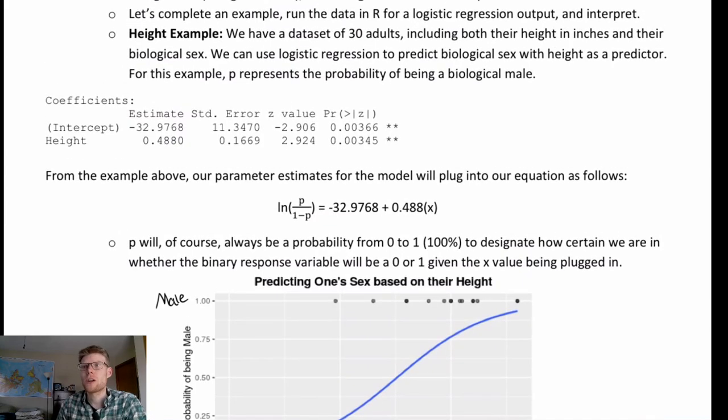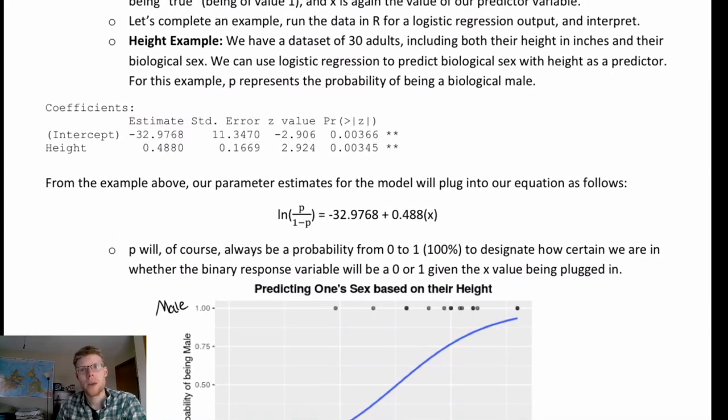So in the next video, we're going to break down a little bit more how this works and how we interpret these coefficients, because it will be a little bit different. One thing that we want to do is rewrite this equation such that we're just left with p on one side as some function of x and the other values that I have here.